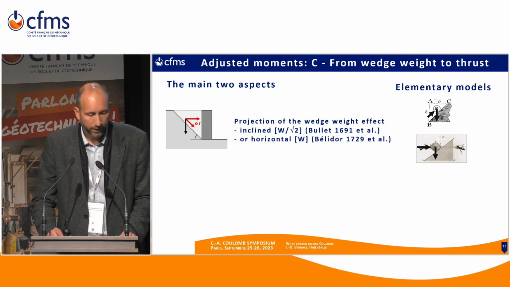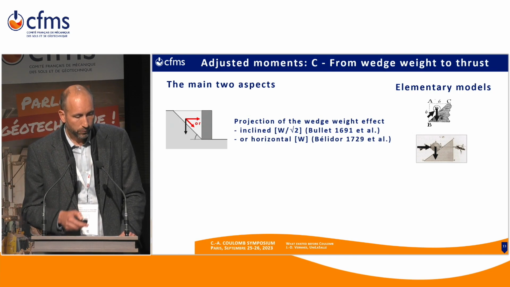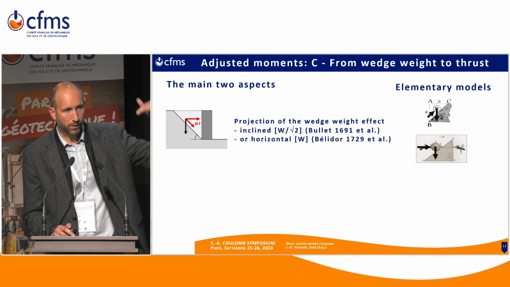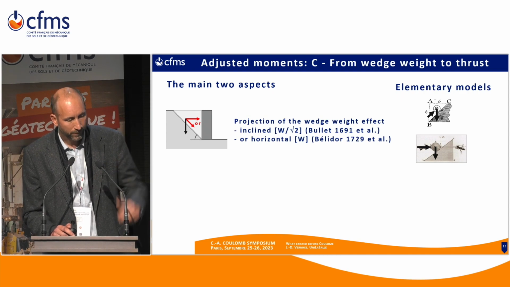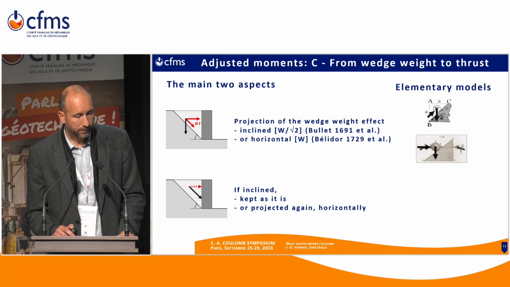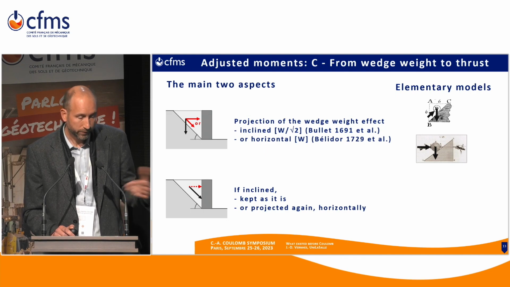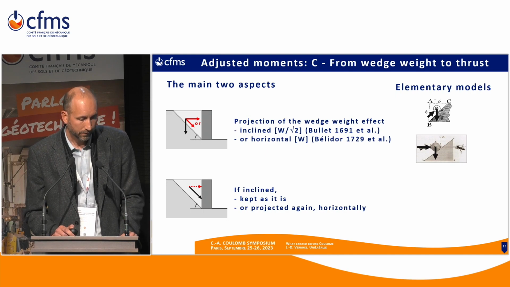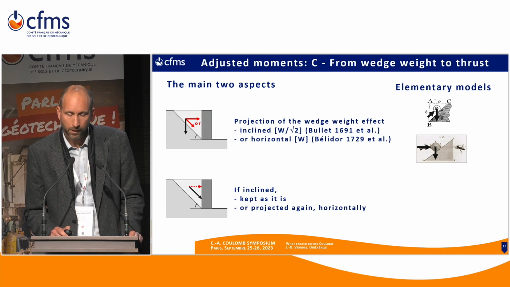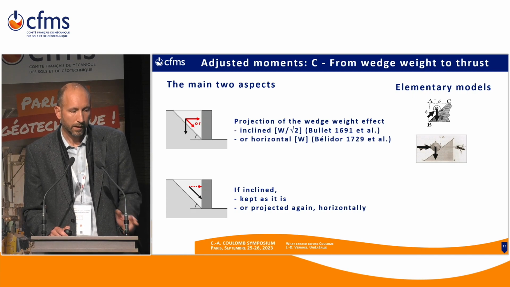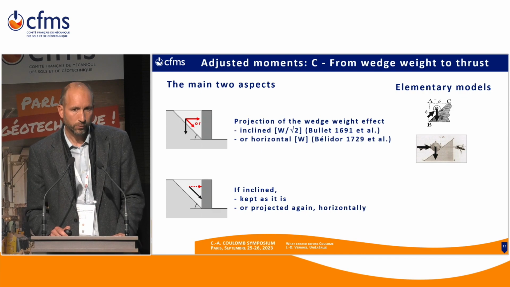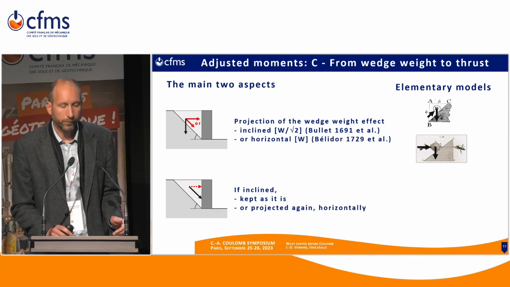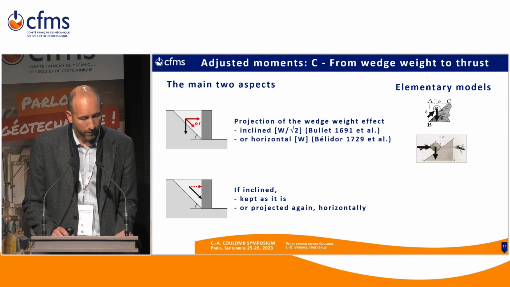This was the inclined plane theory. And those who used the inclined plane theory used a force that was going down the slope, and some authors just left it as it is, or projected the force again horizontally. So in the first case, you have, as I said, the sine of the slope angle. In the second case, with the second projection, you have this time a cosine of the slope angle. So maybe you have a multiplication of the two factors.